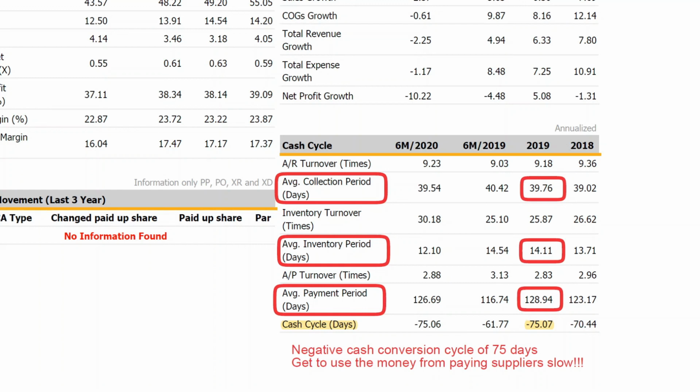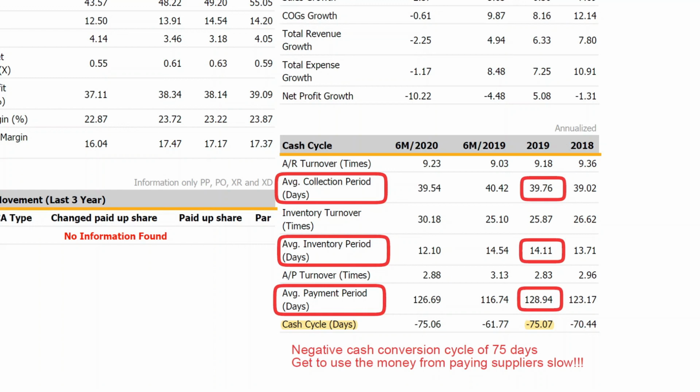So the cash conversion cycle will be calculated as 39.76 days plus 14 days, subtracted by 128.94 days. We see a situation where this company has a negative cash conversion cycle, which is the opposite of normal situations, where the cash conversion cycle is usually positive.